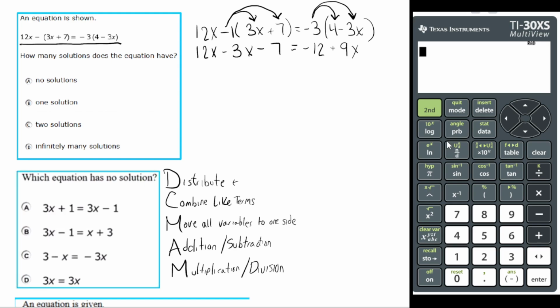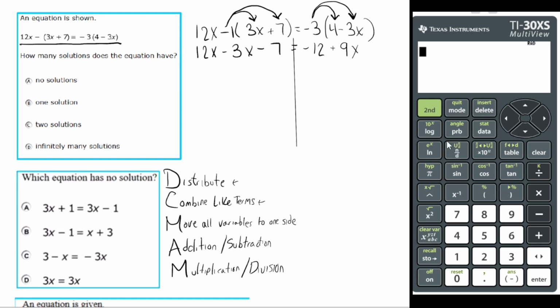So that's distribution. Now we go to combine like terms. Combining like terms, you draw your fence. I'm a big fan of the fence through the equal sign. You're looking for like terms on the same side of the fence. Remember, for something to be a like term, it either has to have the same variable and exponent or lack thereof.